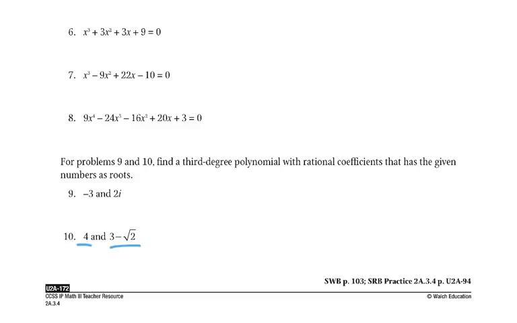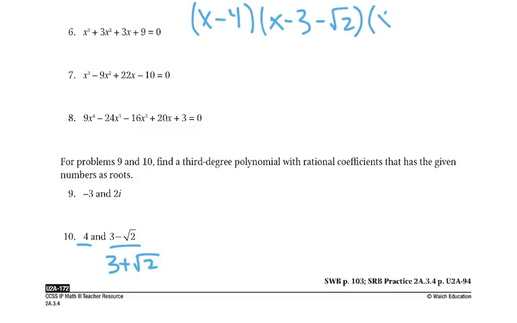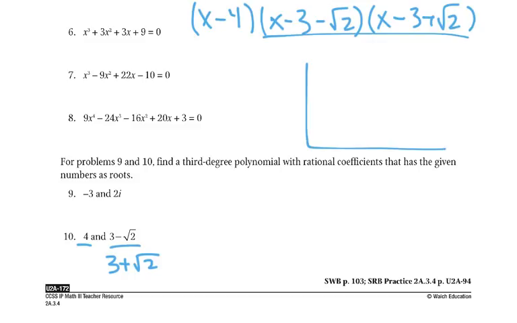Okay, 4, and then with irrationals, you have the same thing going on. So I've got x minus 4, because we think opposite, x minus 3 minus square root of 2, and then x minus 3 plus square root of 2. So I'm going to multiply those ones first. This time we have 3.